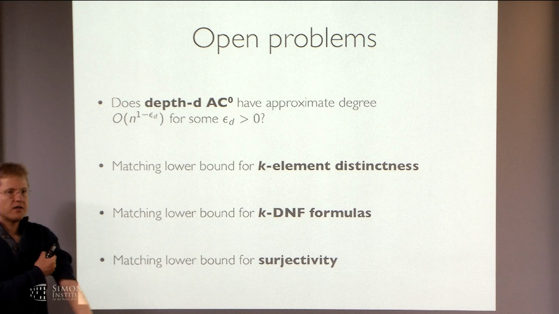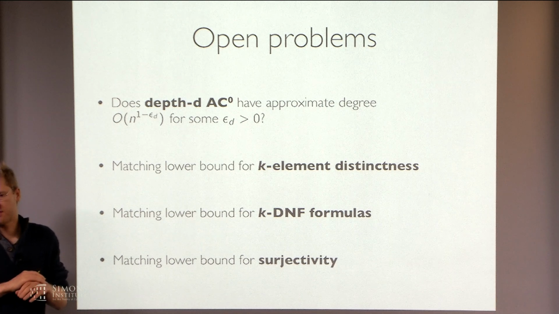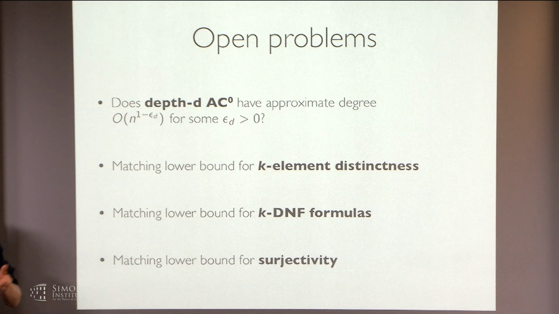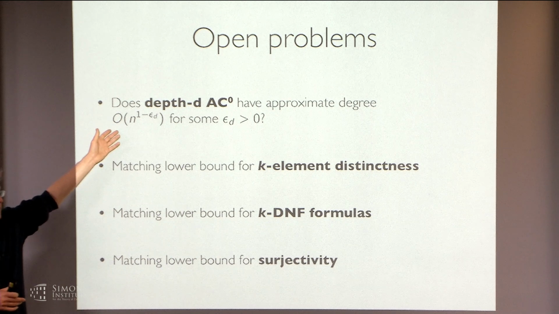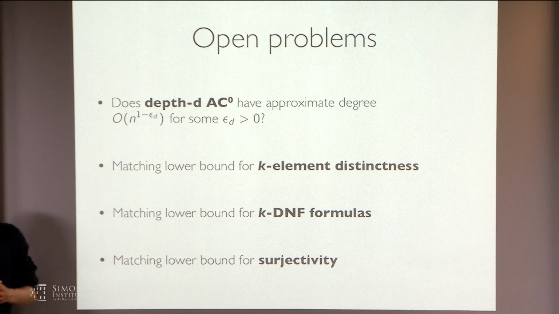So prior to this work, the consensus was that this definitely is not the case, and surjectivity, in fact, is just such a function that should have linear approximate degree. But at this point, there is no reason to believe that this is ruled out. There are some candidates, such as approximate majority, but their status is highly uncertain. And I think both outcomes are equally likely.